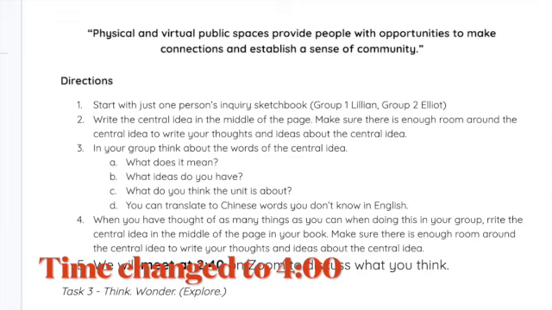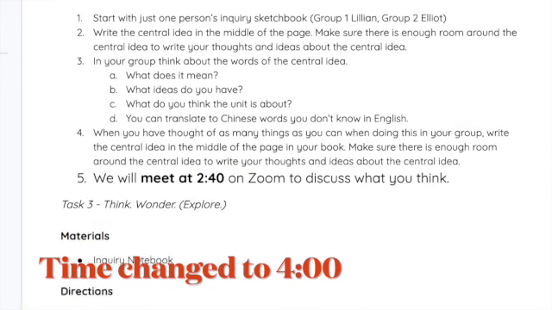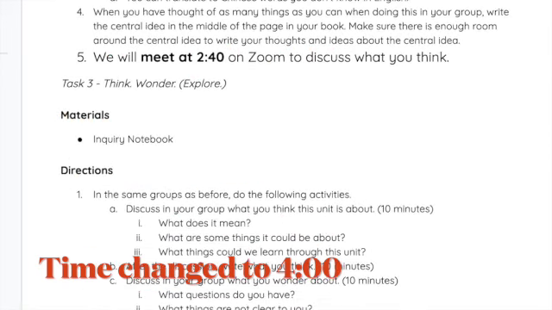When you've done as much as you can in your group, then I want you to write down the central idea in the middle of the page in your book. So you've done it first in Lillian's book or Elliot's book. Once you've written as much as you can there, go to your book and then write down your ideas there.